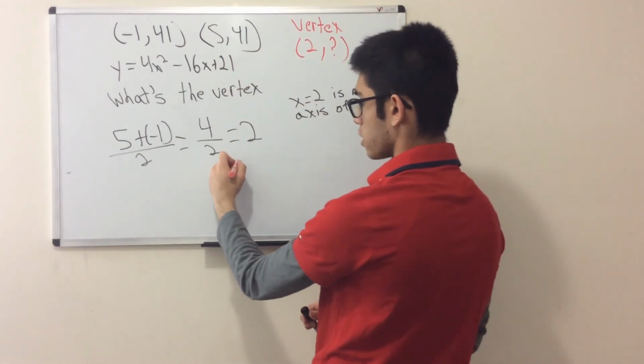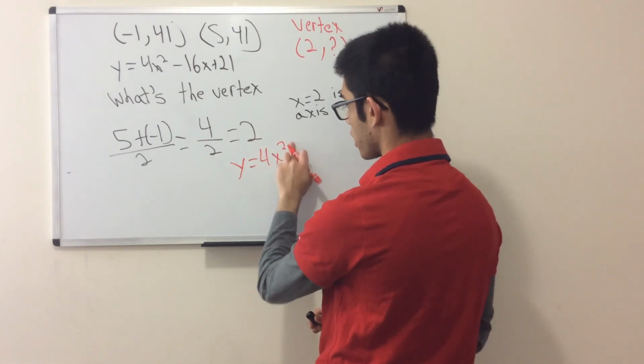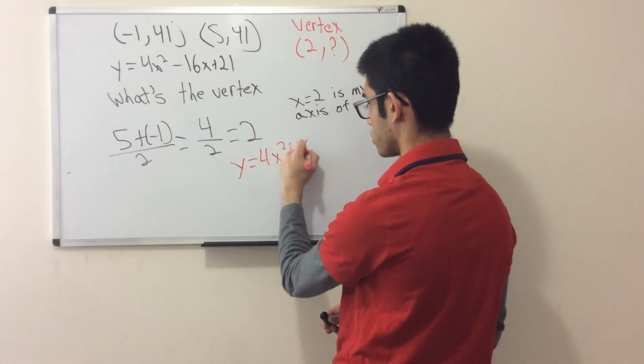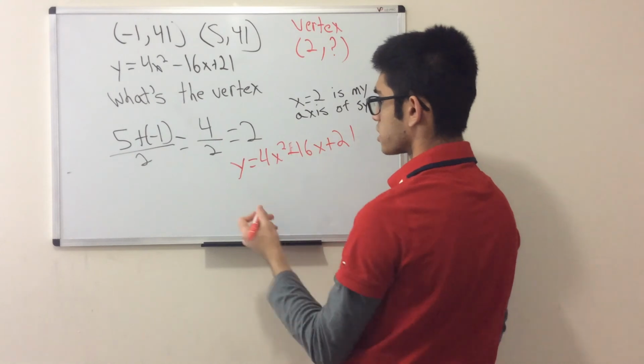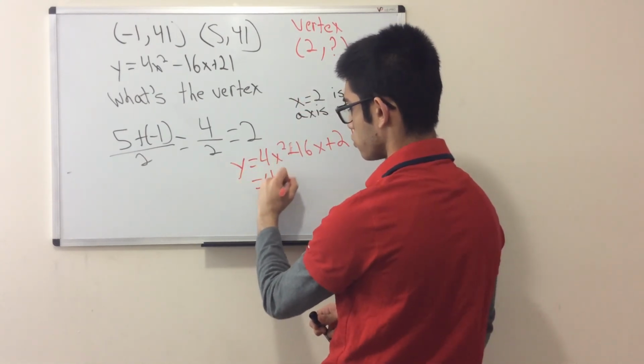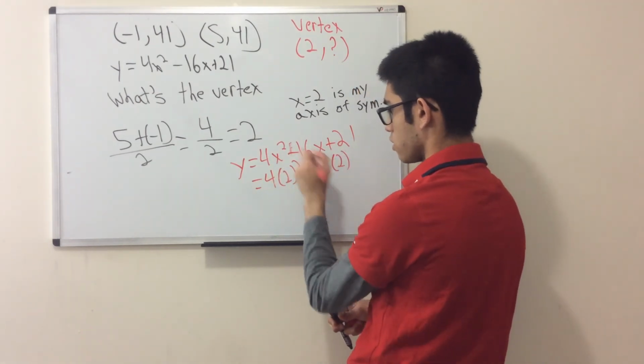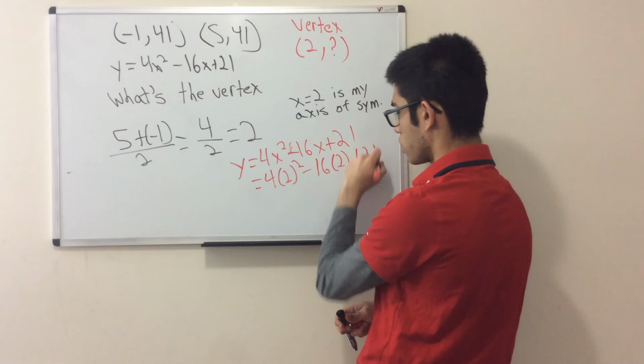Exactly. So y equals 4x squared minus 16x plus 21 is the question, right? So what I'm gonna do is I'm gonna plug in my 2. So 4, so 2 squared, right? Plug it in with brackets always, minus 16, plug in the 2, plus 21.